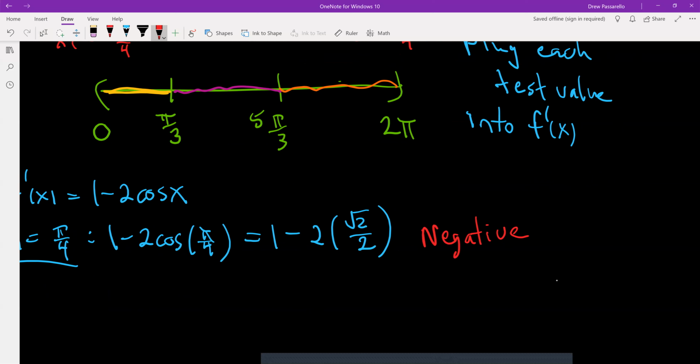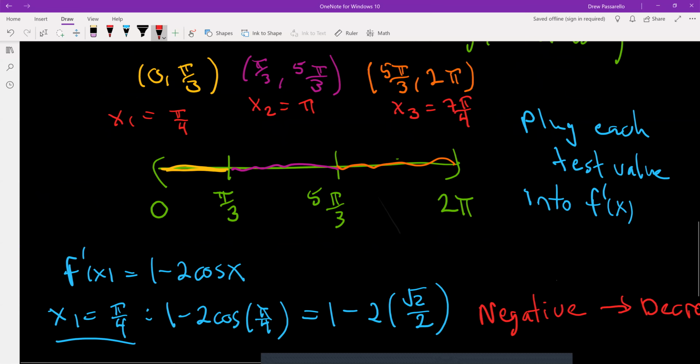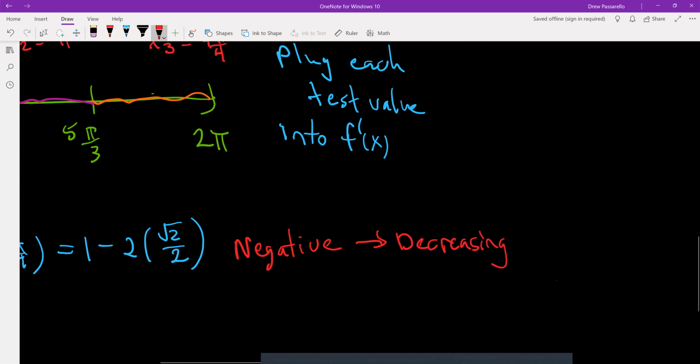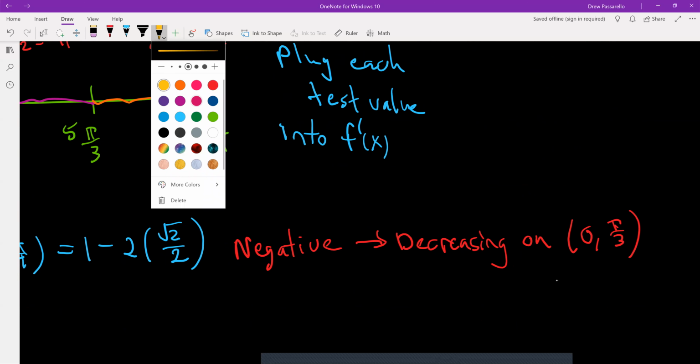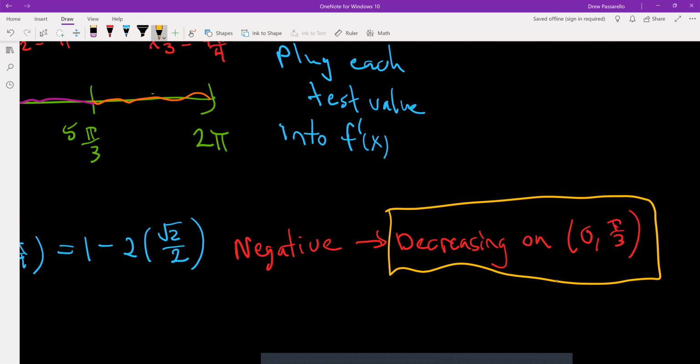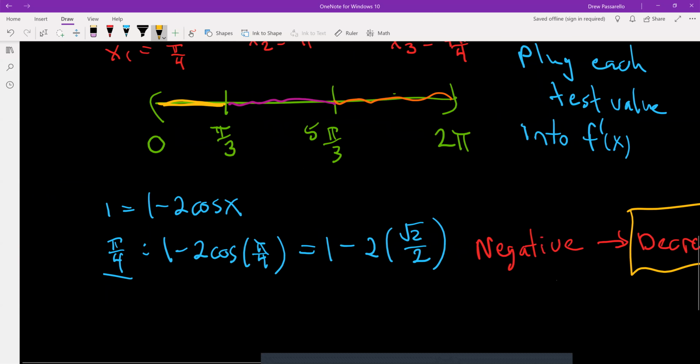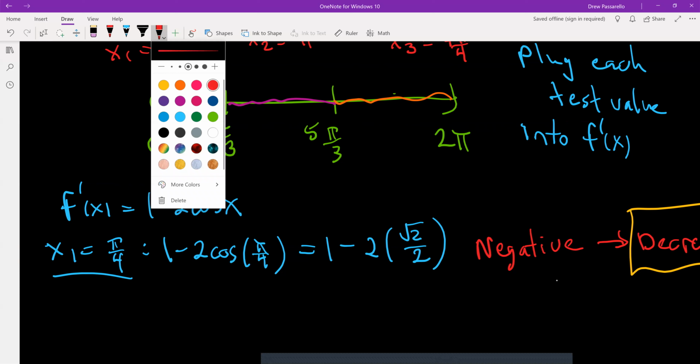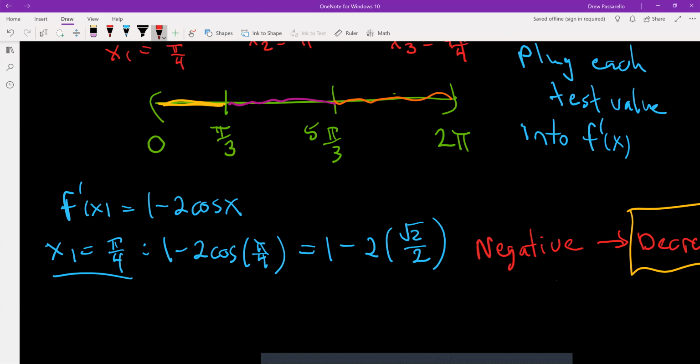And when its derivative is negative, that means the function is decreasing. And that came from the interval 0 to pi over 3. So one of our intervals is decreasing on 0 to pi over 3. Again, we don't care about the actual value, we just care about the sign. So I just know 1 minus square root of 2 is going to be a negative number.